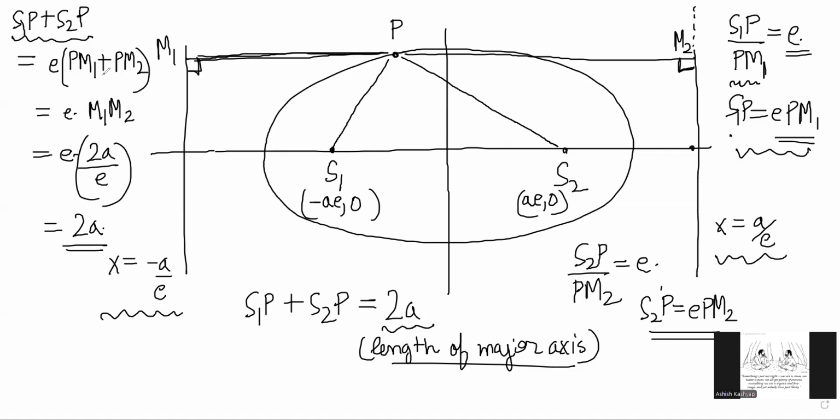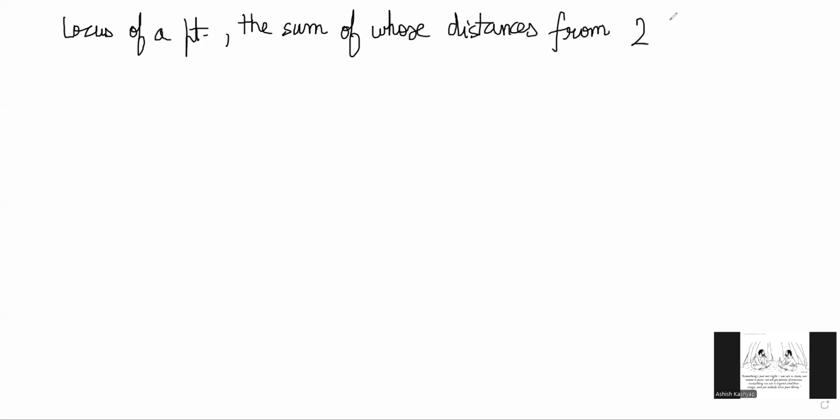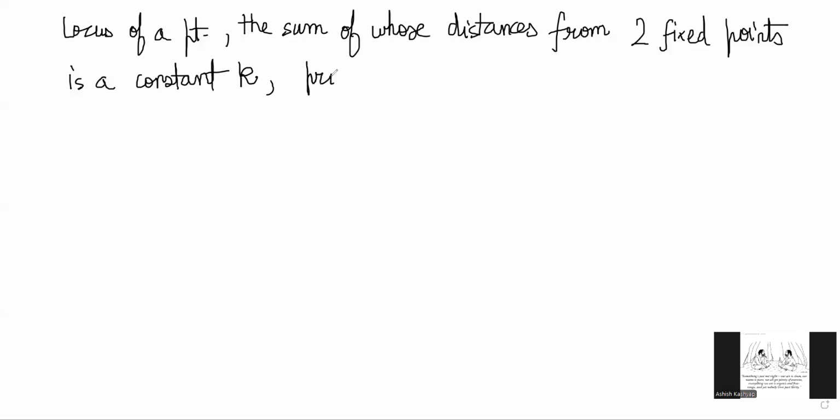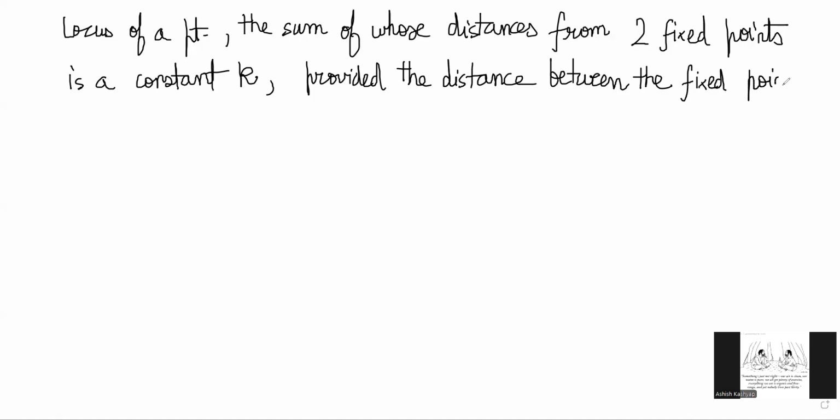So what we can say is an ellipse can also be identified as the locus of a point the sum of whose distances from two fixed points is a constant k, provided the distance between the fixed points is less than k.